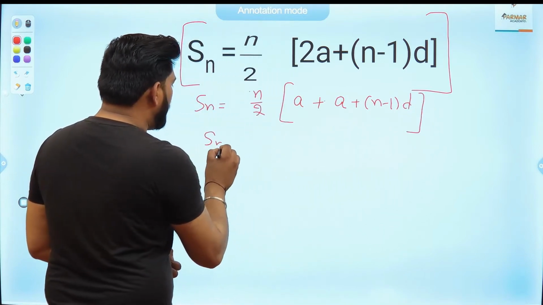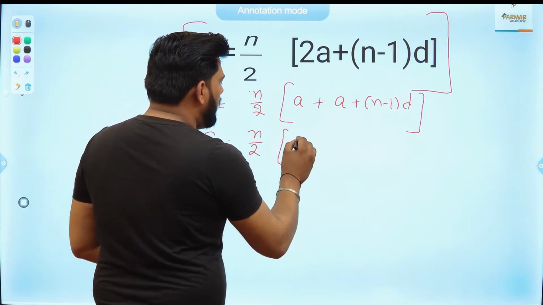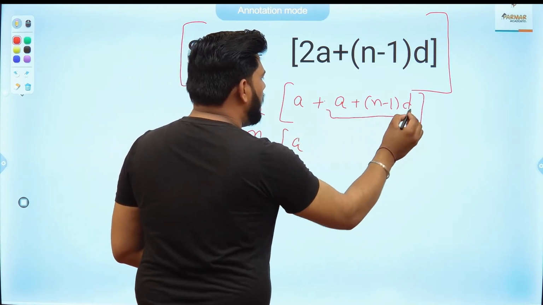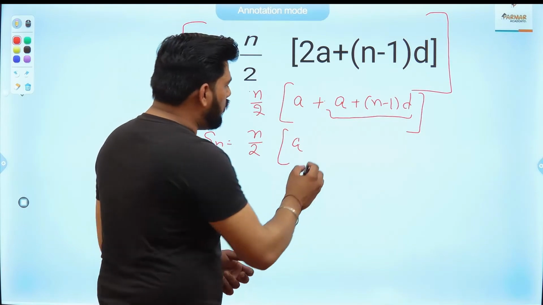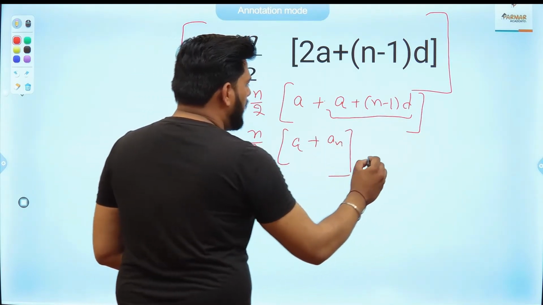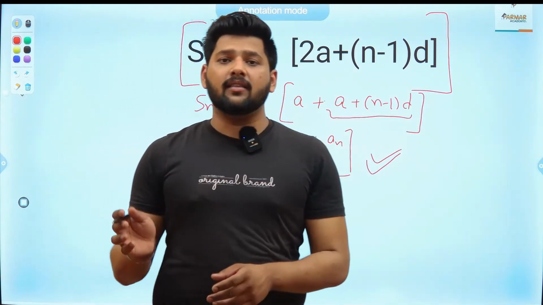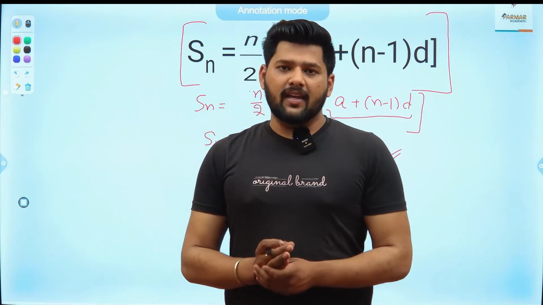Now look here, Sn is equal to n upon 2 times (a plus [a plus (n minus 1)d]), and a plus (n minus 1)d is equal to an. So I can write it as n upon 2 times (a plus an). This is another formula to find the sum of n terms when the nth term is also given.